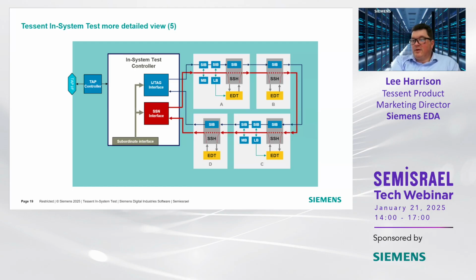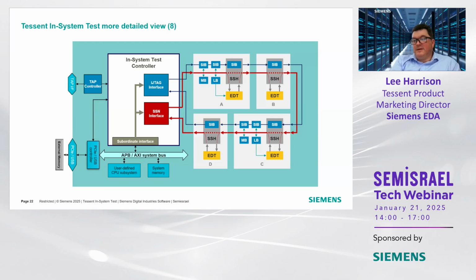And then the control mechanism here is through a subordinate interface. This can either be APB or AXI if you want the full speed capability. Driving that bus network, we typically see customers using a dedicated CPU, and then somewhere on the system there will be the memory that is holding the ATPG pattern data.